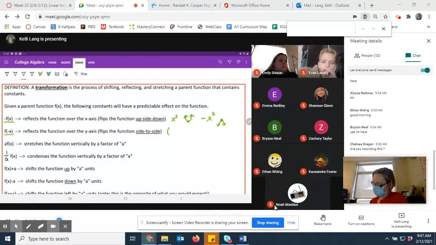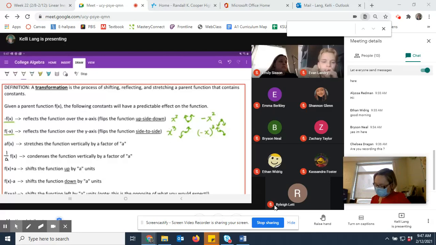If I started with an x cubed, that would look like this. But if I throw a negative inside, it's going to flip it across the y-axis. It's going to flip it side to side. So that would become like this, backward. Flip it left to right.